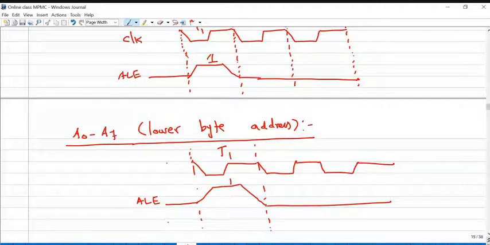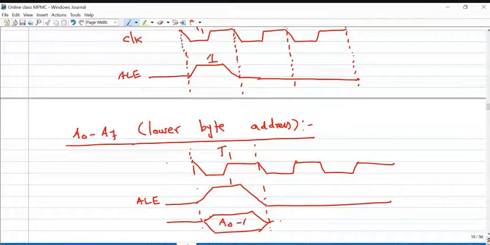So here mention it like this. Now A0 to A7: the AD0 to AD7 pins can be used for carrying the lower order 8-bit address during T1, when ALE is 1.